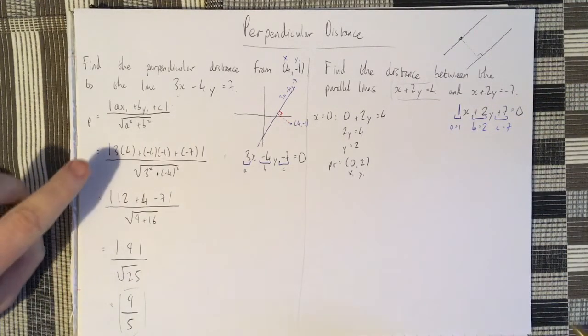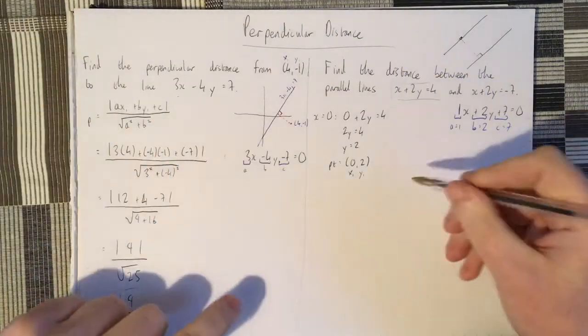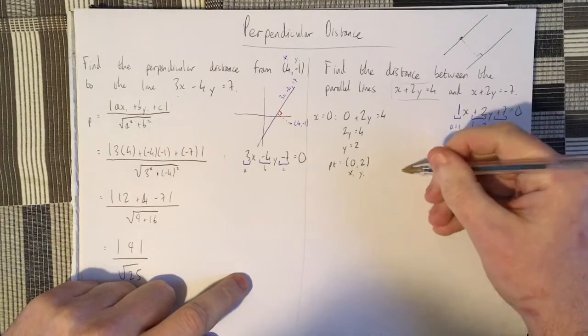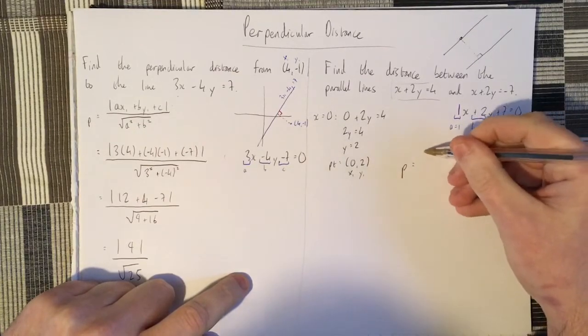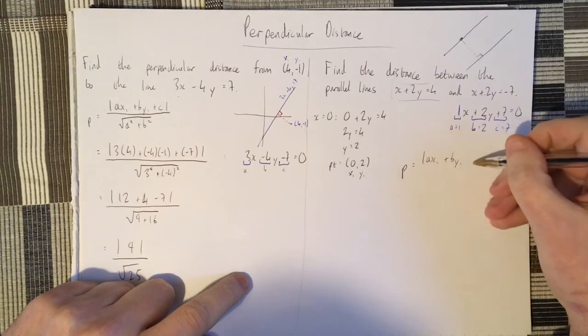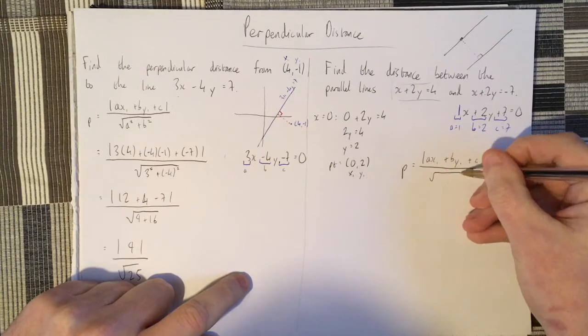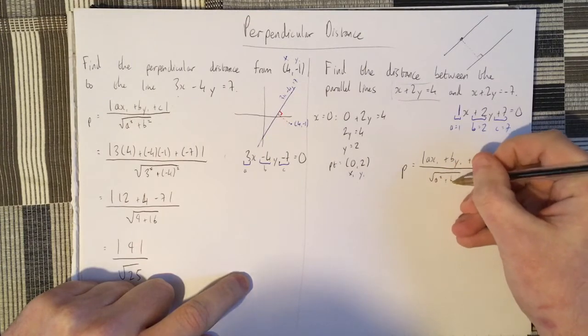So let's write down my formula then. So again, top of page 19 is where you'll find it. So perpendicular distance is absolute value of ax1 plus by1 plus c all over the square root of a squared plus b squared.